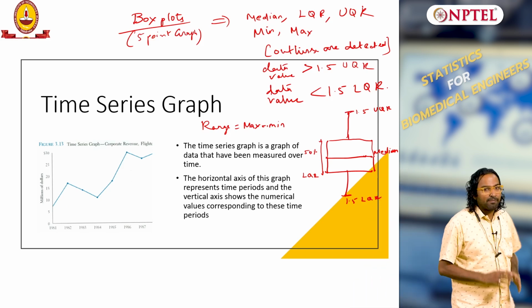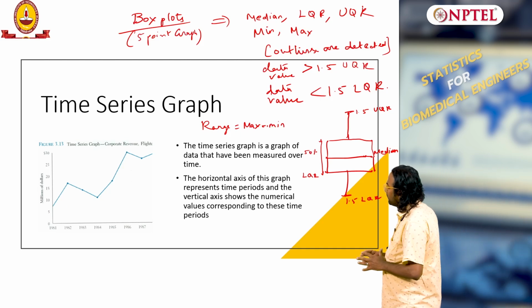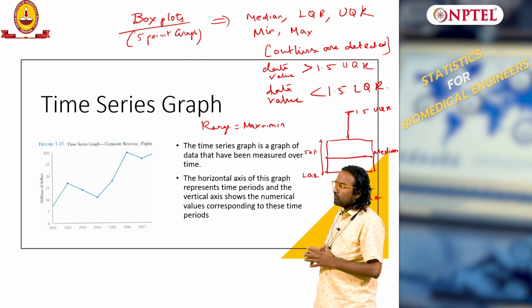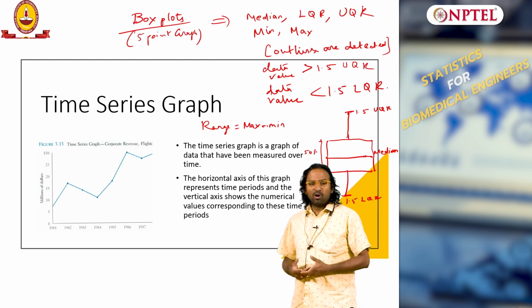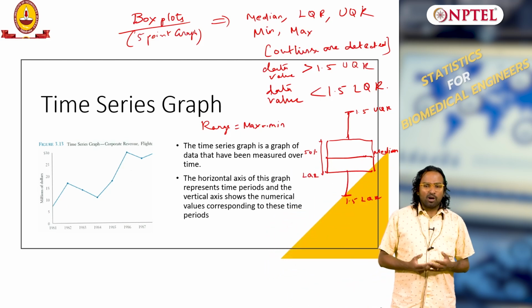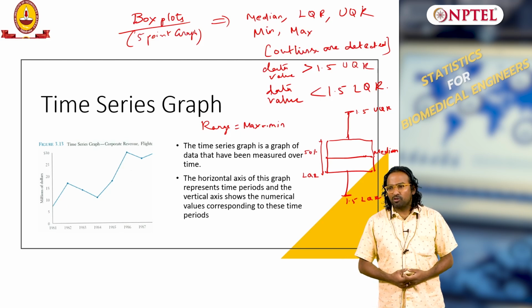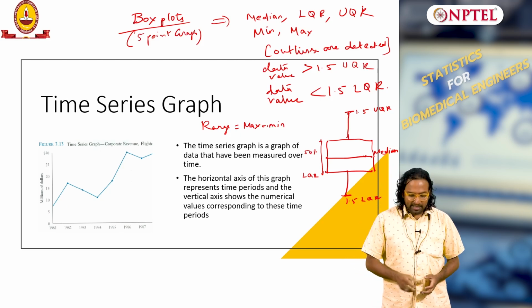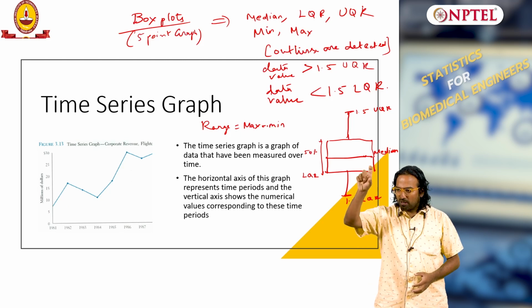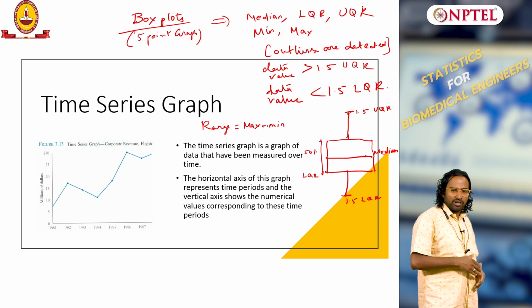It is not the min and max of the data. What we call min and max is the 1.5 times the lower quartile range and 1.5 times the upper quartile range. Of course, if the data lies within that, then this tail or line extending will come down.